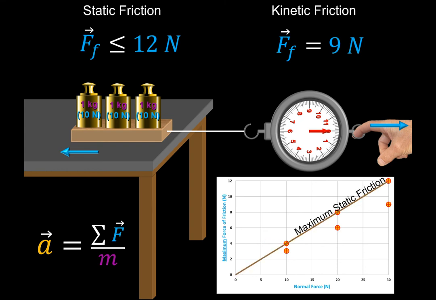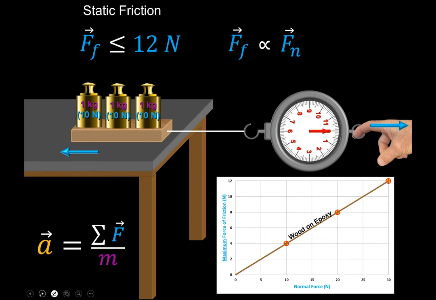So our maximum static friction versus our maximum kinetic friction. So friction is affected by our force of normal. You will see force of normal in your force of friction equation.